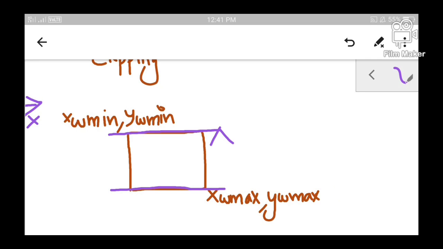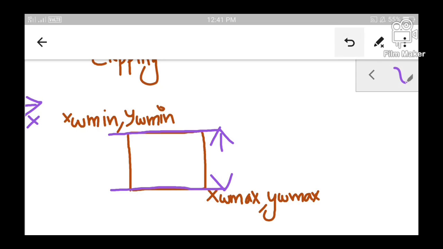So these 2 values indicate the extremes of Y values, Y minimum and Y maximum. So if any point lies outside the Y minimum or if it lies outside Y maximum, then that point should also be eliminated.